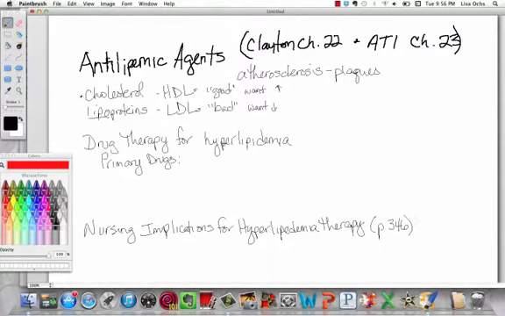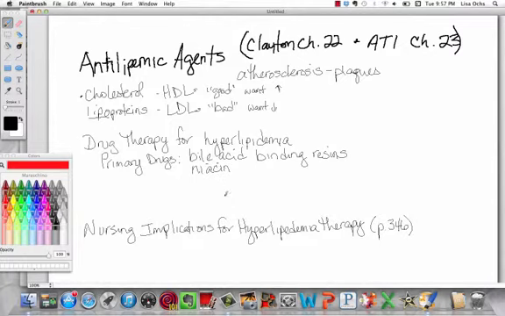So drug therapies for hyperlipidemias, high levels of these lipids or cholesterols in our bloodstream: the primary drug treatments fall into 3 categories. The categories we're going to talk about include bile acid binding resins, and these are drugs that will actually bind the excess cholesterol and make it inactive. They kind of suck it up, make it inactive, and then it's excreted through the intestine.